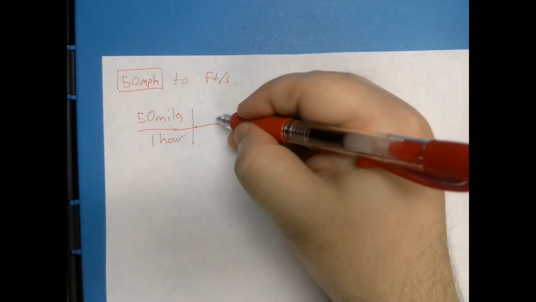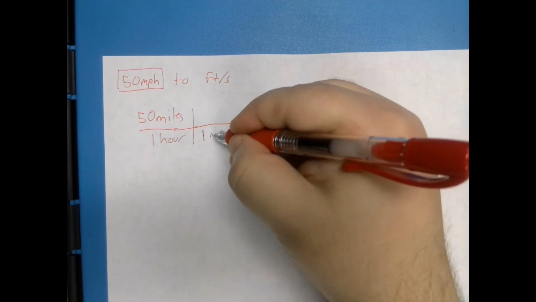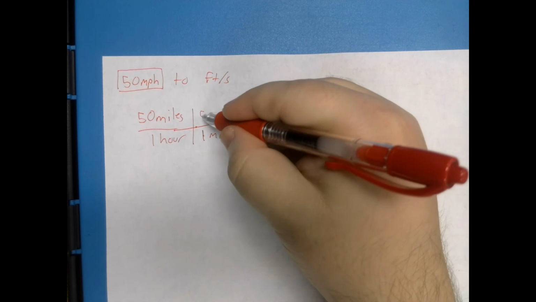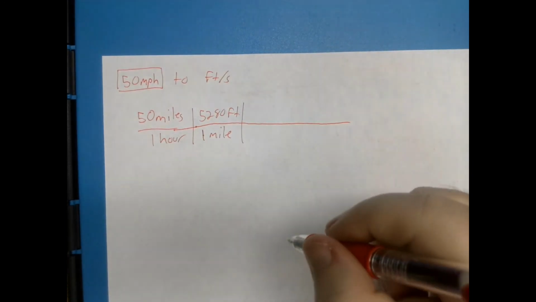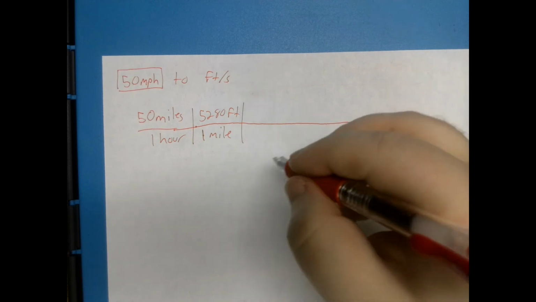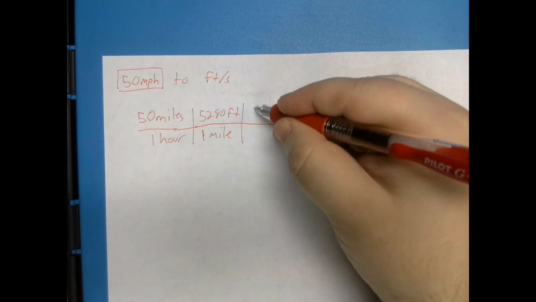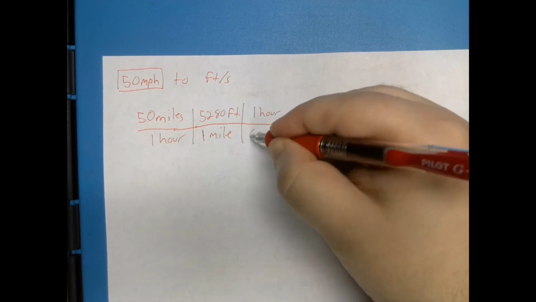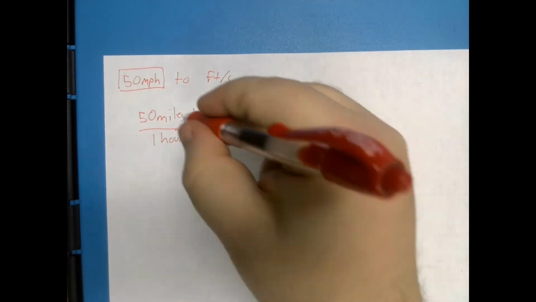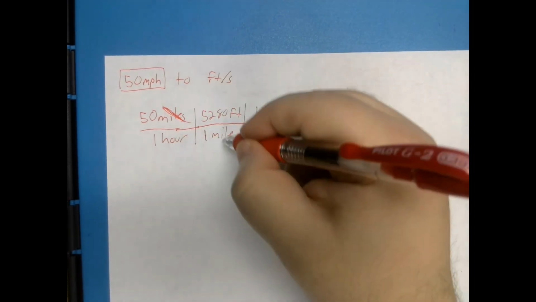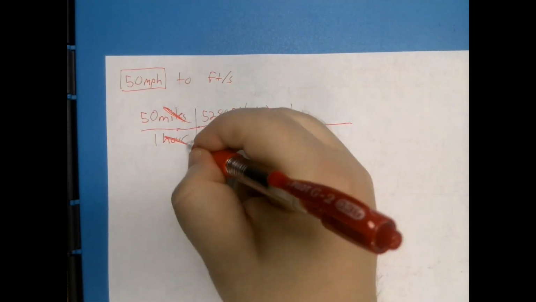So here are the miles. So we know that 1 mile is equal to 5,280 feet. You can do 2 things. One, you can convert these into minutes. So 1 hour is equal to 60 minutes. And it's good, while you're working, to actually go and mark off what you're converting. So now hours cancel each other out.